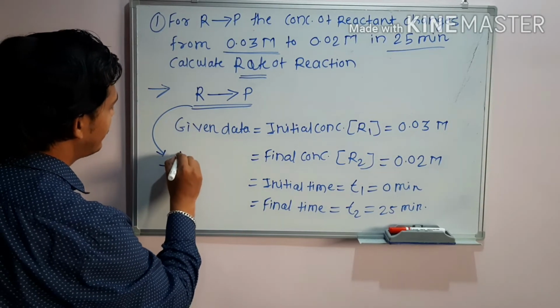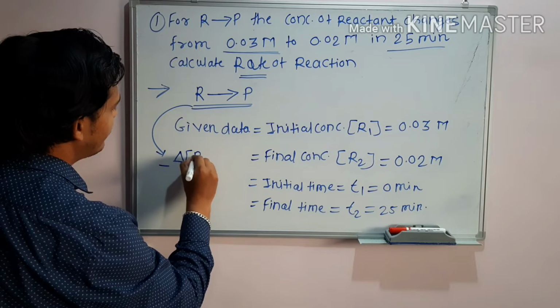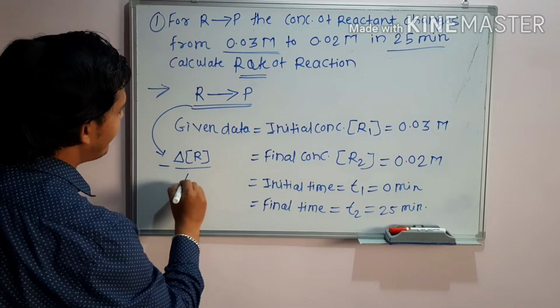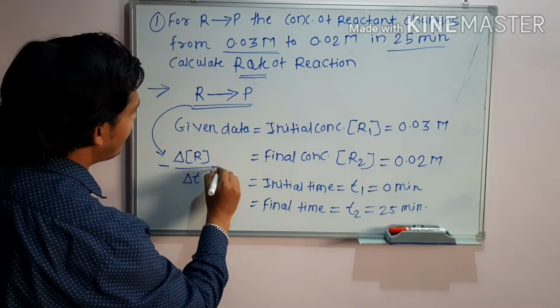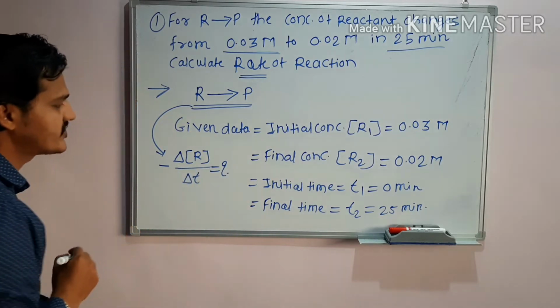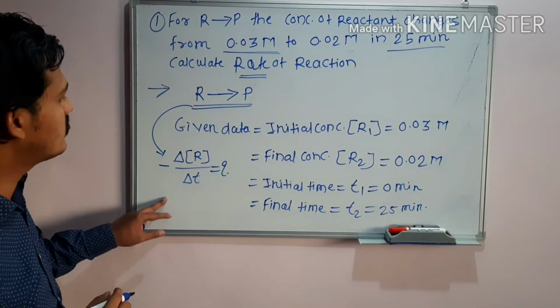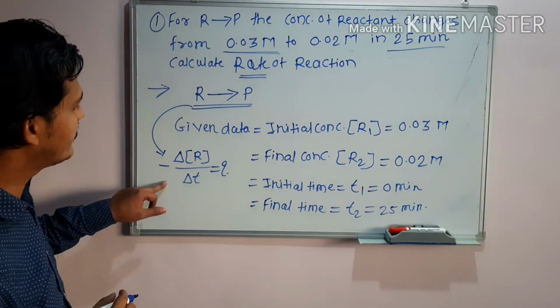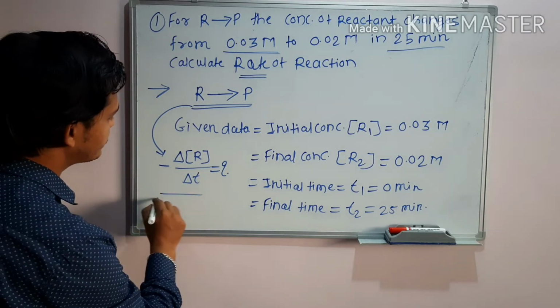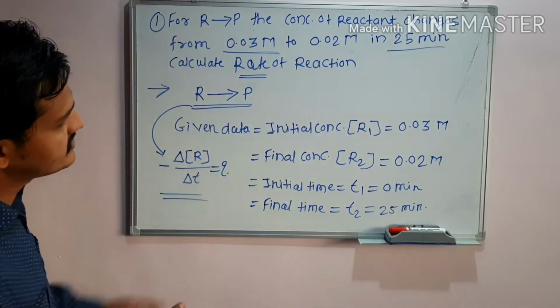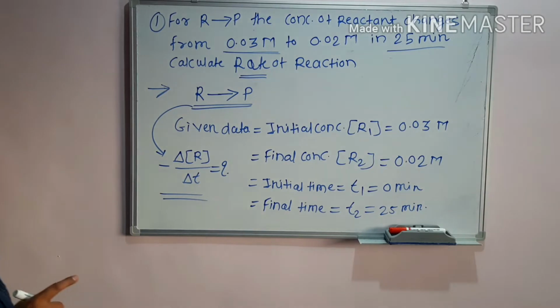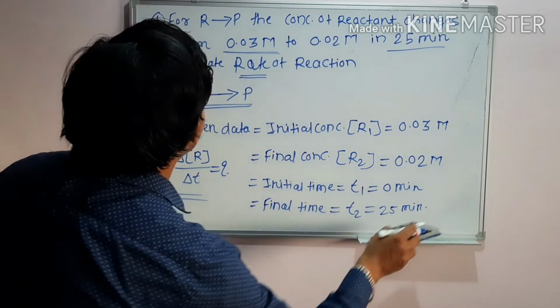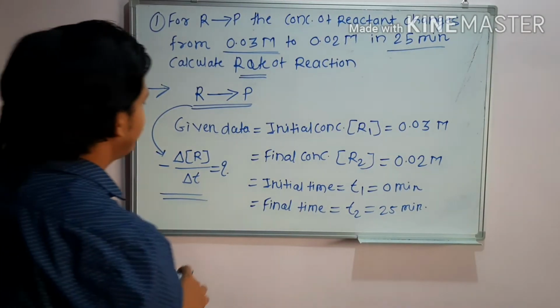So minus del R divided by dt is equal to question mark. This is how we calculate. This is our basic data. Please take a screenshot of that basic data. Okay, now let's solve that particular example.